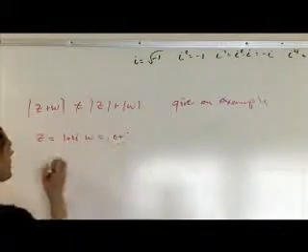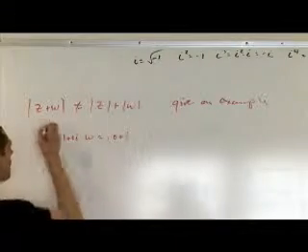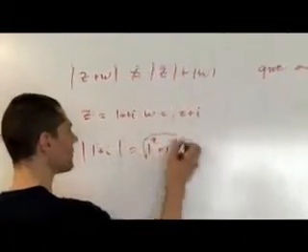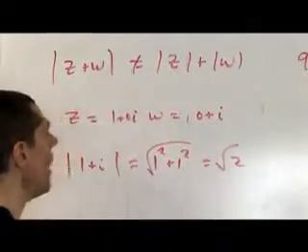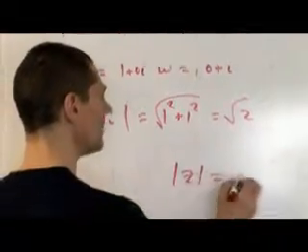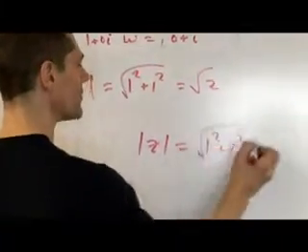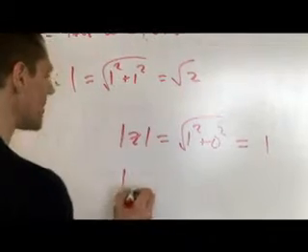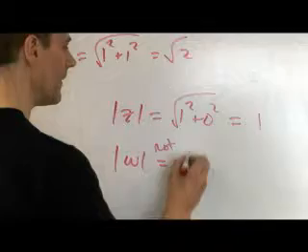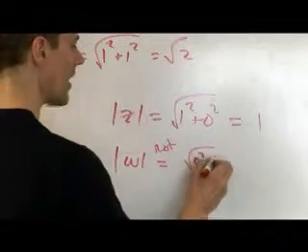So this is 1 plus i, Z plus W, modulus. This would be the square root of 1 squared plus 1 squared. This is the square root of 2. The modulus of Z is going to be the square root of 1 squared plus 0 squared, which is, of course, 1. The modulus of W is not 0 squared plus i squared.